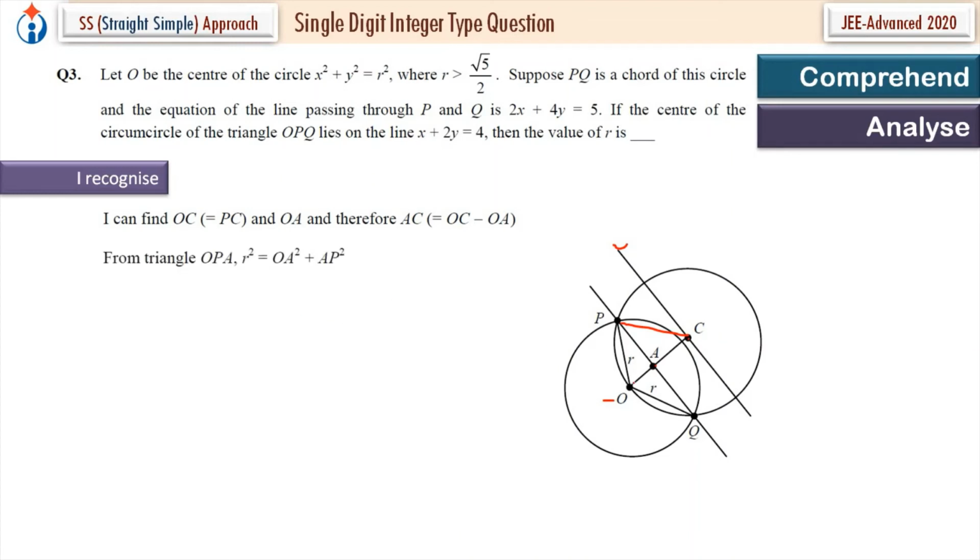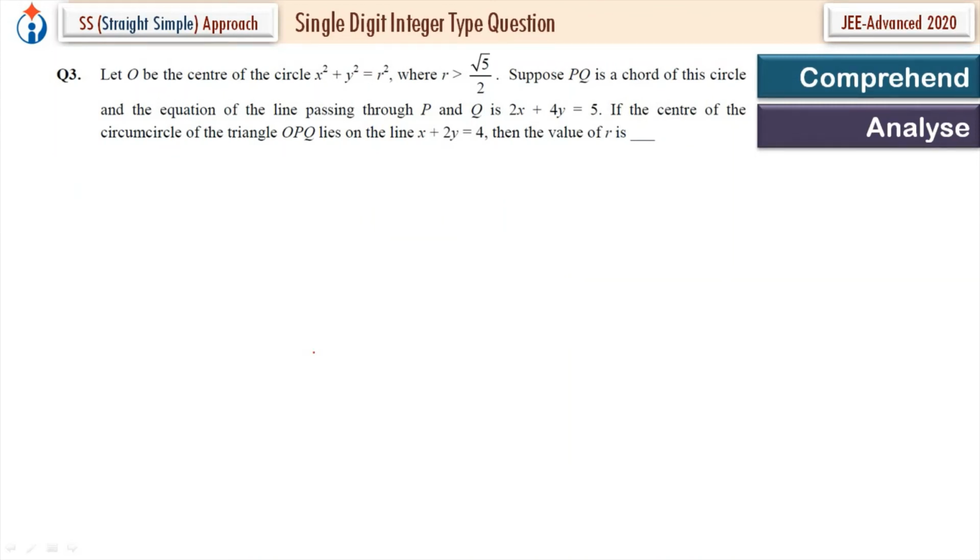Now from triangle OPA, a right angle triangle, R square is equal to OA square plus AP square. From triangle CPA, PC square is equal to AC square plus AP square. So we get R square from these two equations is equal to OA square plus PC square minus AC square, which is OA square plus OC square minus AC square.